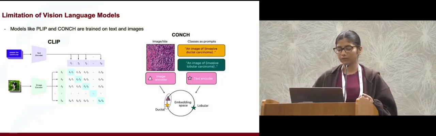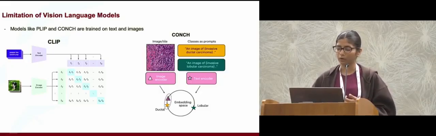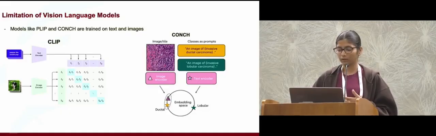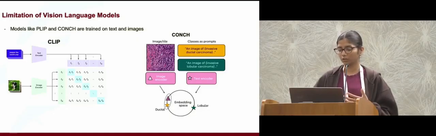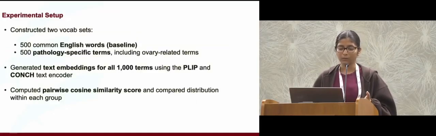These models have been shown to outperform vision models in tasks like classification, which is great. But we looked deeper into the text and image embeddings obtained from CONCH and CLIP, and we found that they are not actually learning pathology-aware semantics. How we did this was we constructed two vocabulary sets: 500 common English words such as banana and chair, and 500 pathology-specific terms.